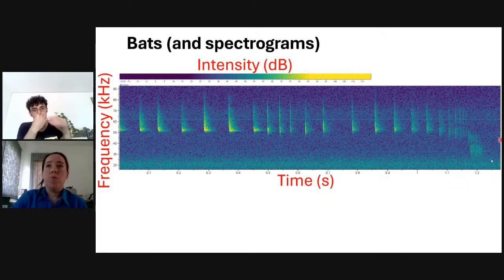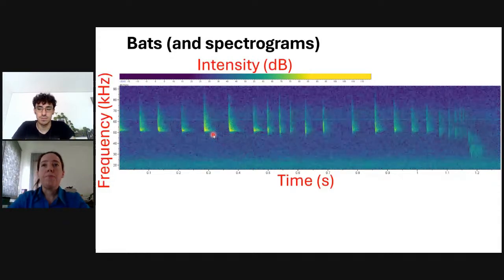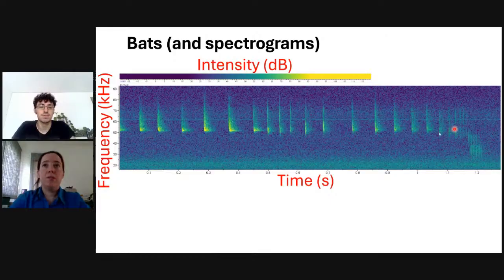So we have here an example of a bat echolocation. And you can see that the brightest colors, in this case, represent the most intense sounds. And this is a Myotis bat.